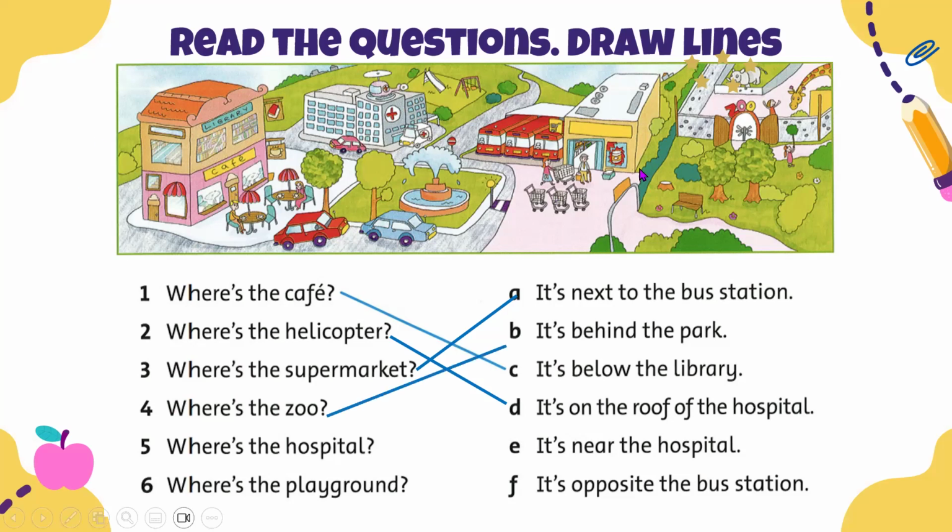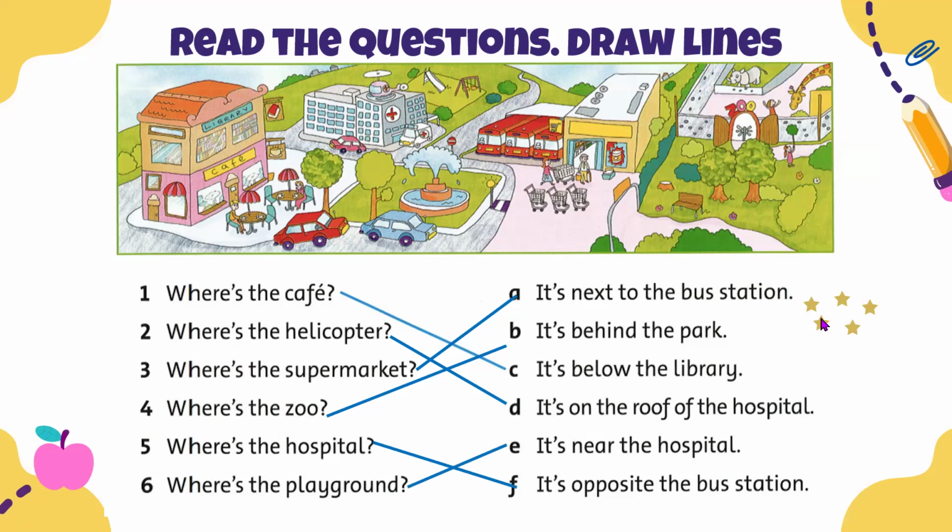Okay, now where's the hospital? Opposite the bus station. Nice, Dolin. Can you please say bus station? Bus station. Very good. Now, last one, Dolin. Where's the playground? It is near the hospital. Wow, very good, Dolin. Perfect. You've got it all correct.